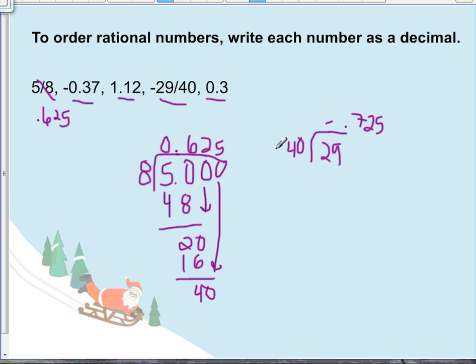And then we can order them. Okay, so in this case we can order them from least to greatest.